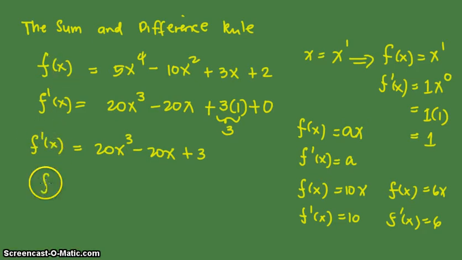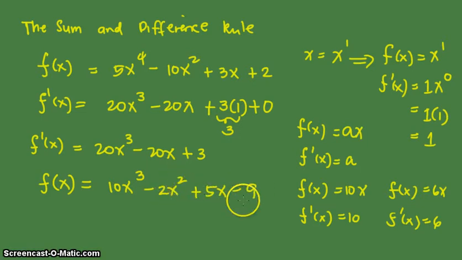Okay, so this time, let's find the derivative faster. Let's say I have 10x to the 3 minus 2x squared plus 5x minus 9.